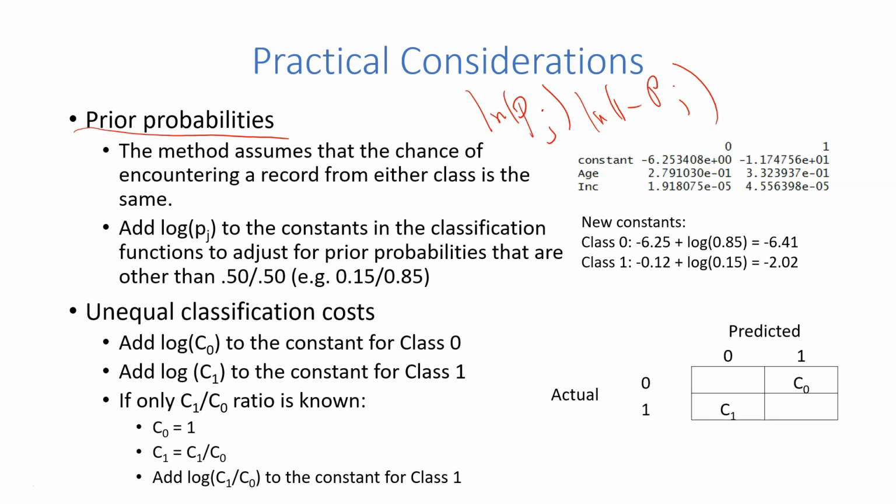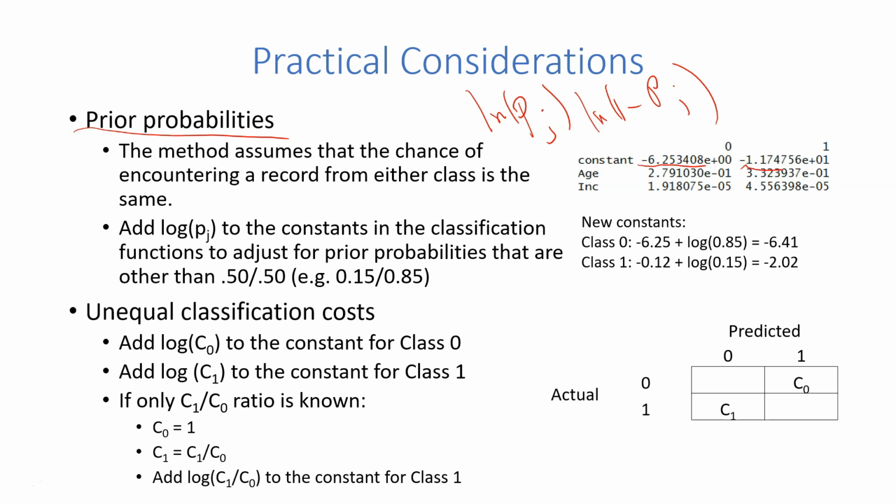For example, in our Sunnyvale Bank example, the constants in the original classification functions are negative 6.25 and negative 1.2, respectively.